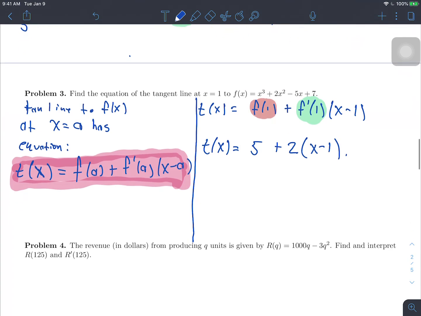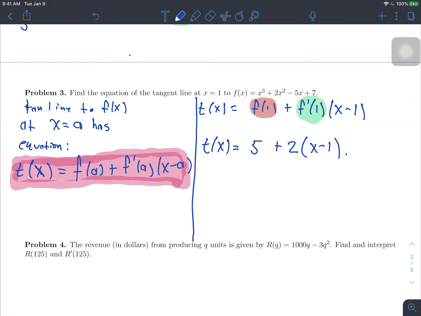For example, we could say that f of 1.1 is approximately t of 1.1, which is equal to 5 plus 2 times 1.1 minus 1, which is equal to 5 plus 2 times 0.1, which is 0.2, so it's equal to 5.2.